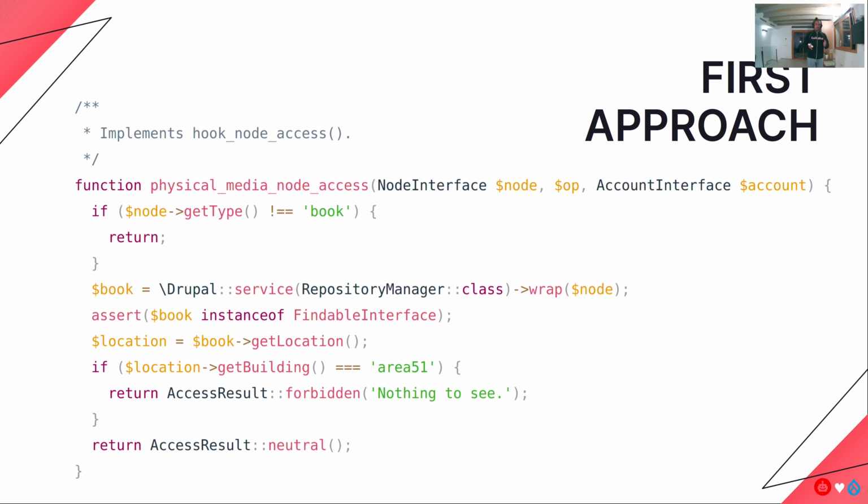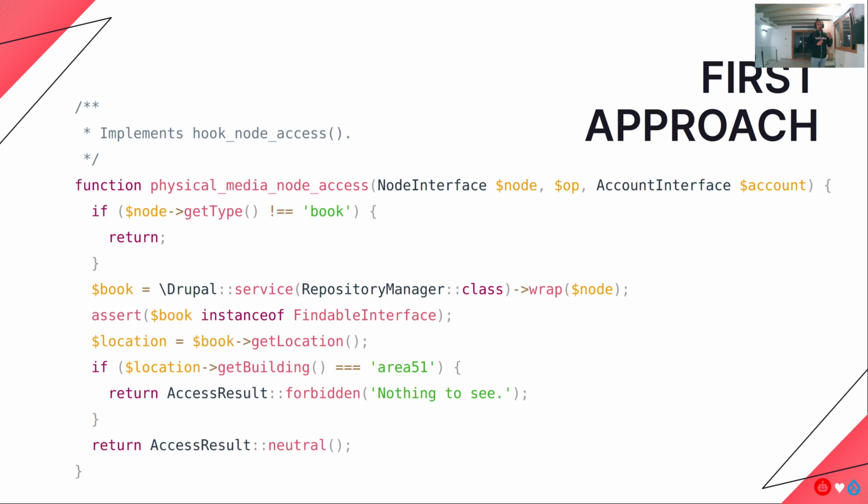So this example is a little bit dated, but we'll see what is the helper method that goes and replaces this. But we get the repository manager, which is like a global object, and we pass it the node via the method wrap, and that will return the book.